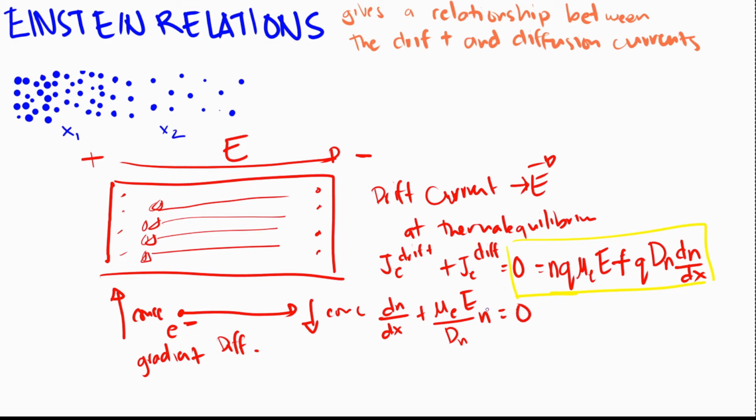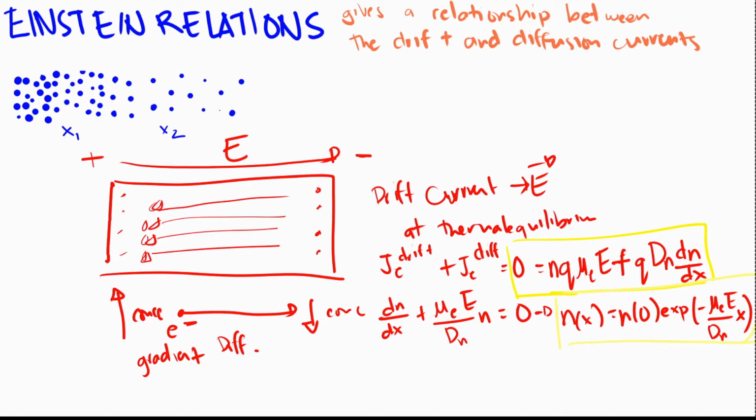Solving for this one, this will become n(x) is equal to n naught exponential of negative mu E over Dn x, for non-degenerate semiconductors. So this is what we got from the first order differential equation.